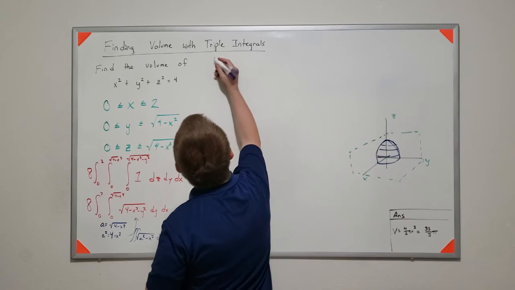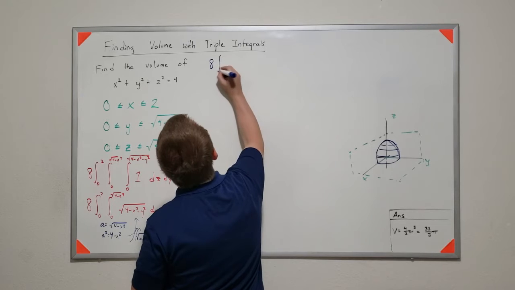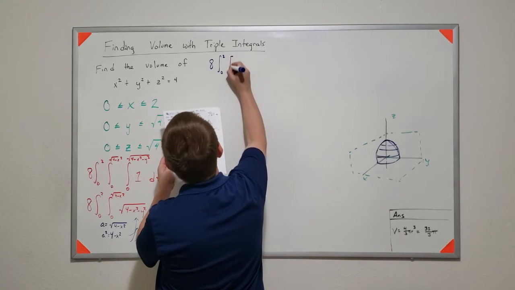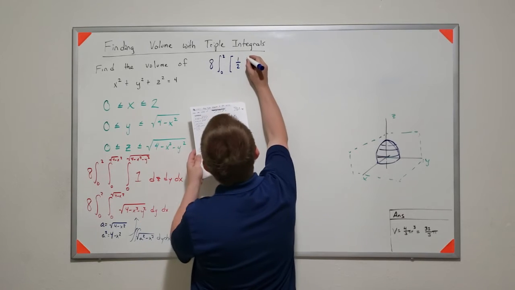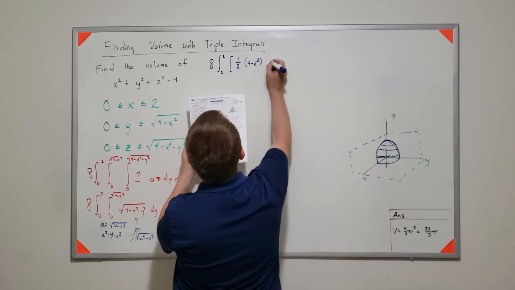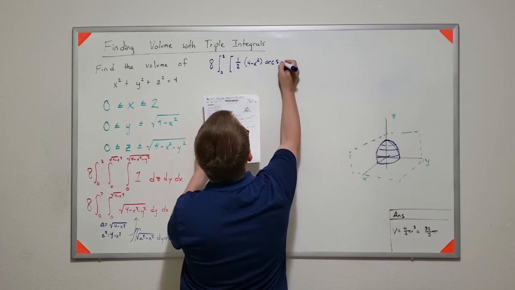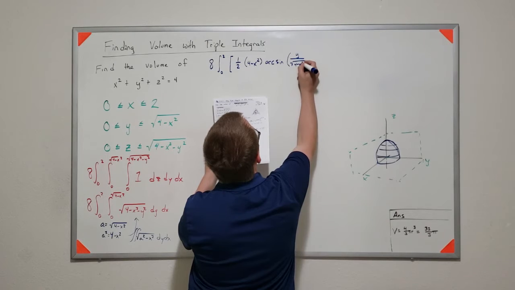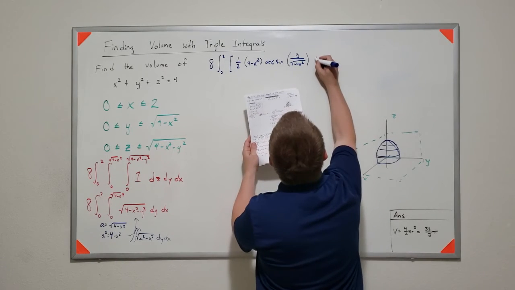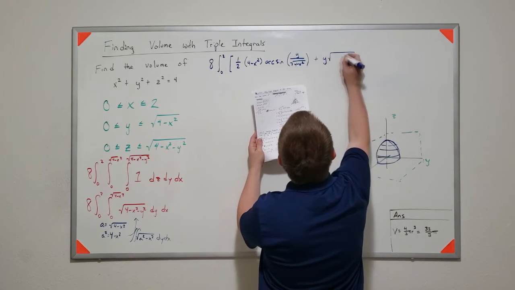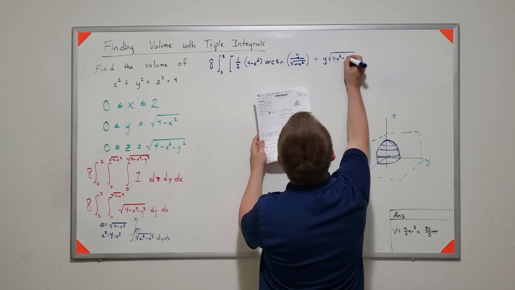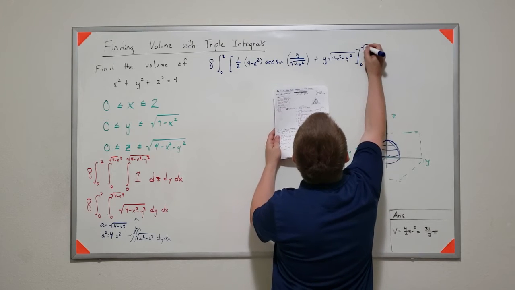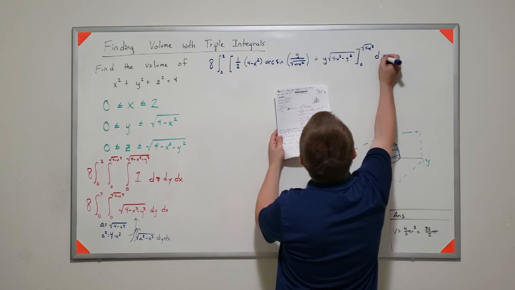But what you end up with is 8, the integral from 0 to 2 of 1/2 (4 minus x squared) arc sine of y over the square root of 4 minus x squared, plus y times the square root of 4 minus x squared minus y squared, from 0 to 4 minus x squared dx.